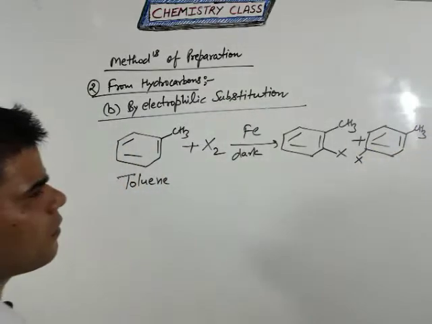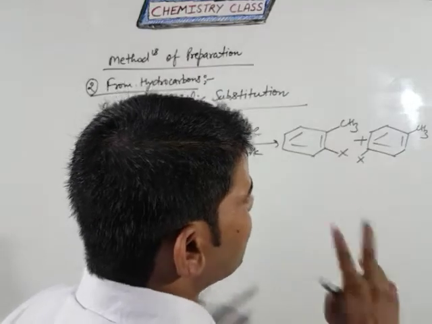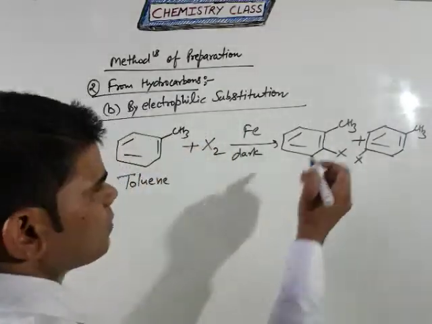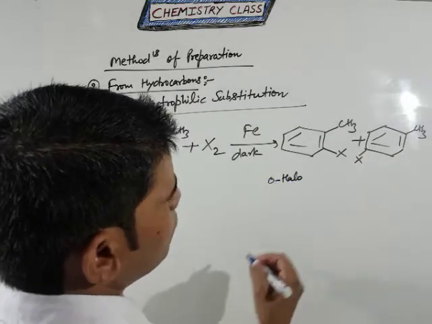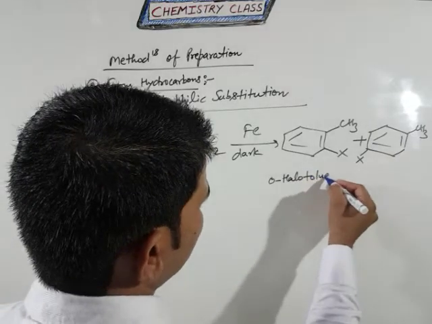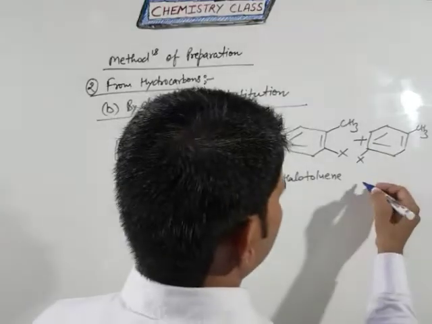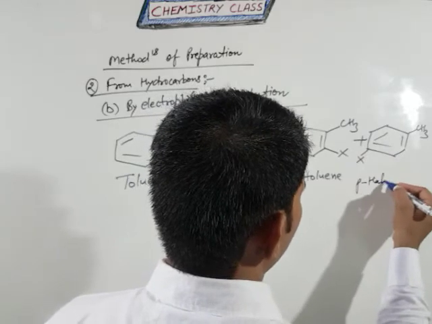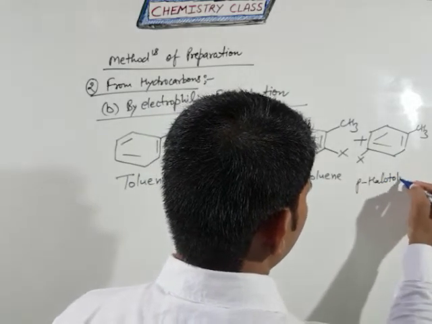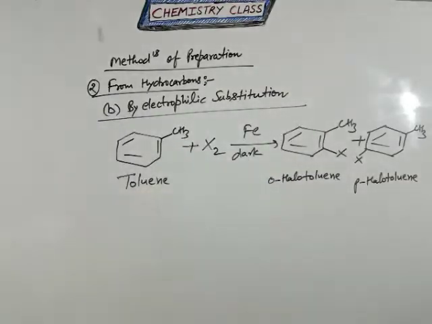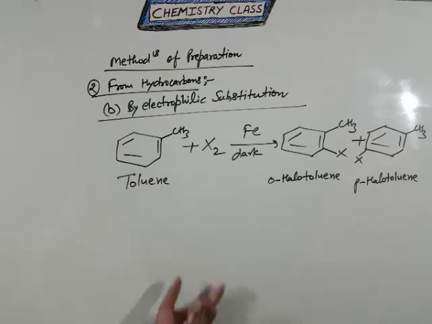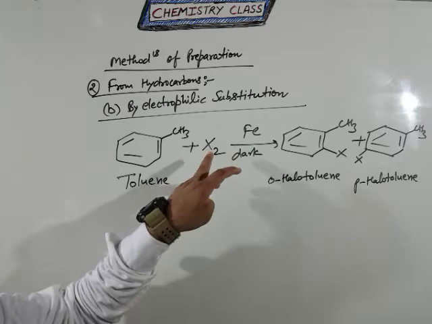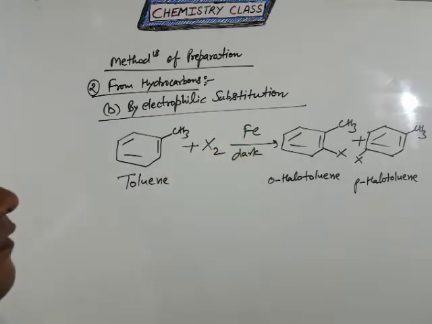If we talk about the names of these compounds, in this case the name is ortho-halotoluene. Same for the other, para-halotoluene. So by electrophilic substitution you can prepare aryl halides, or haloarenes, with the help of halogenation under Fe dark condition.